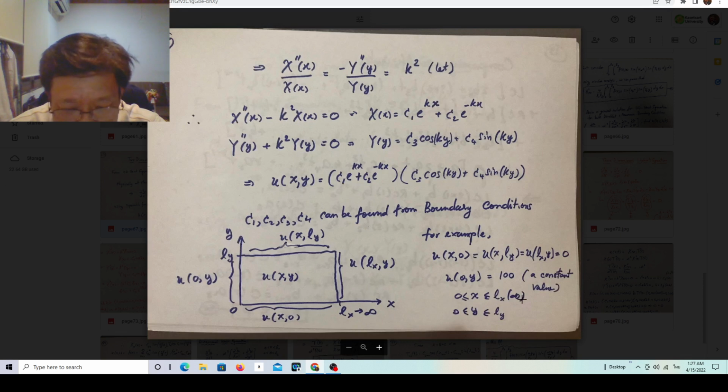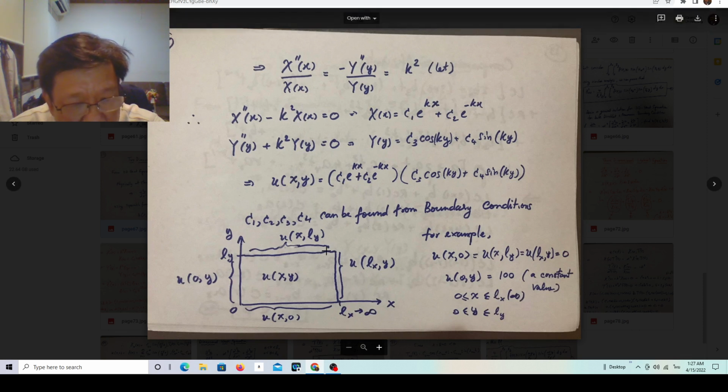But in this case, we're going to assume L sub x approaches infinity. In general, it can be any finite or infinite value. u of xy is a function related to the domain within x and y.